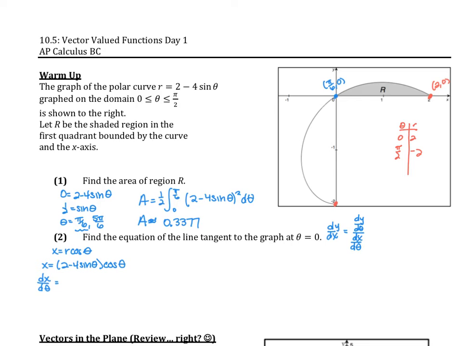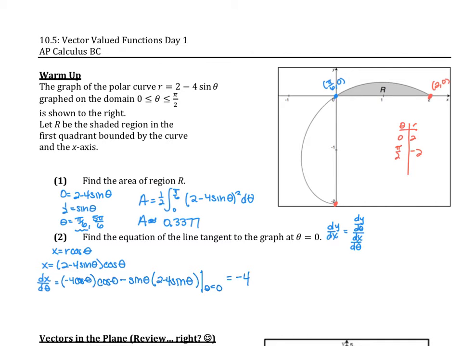I get the derivative of the first, which is negative 4 cosine theta, times the second, plus the derivative of the second. The derivative of cosine is negative sine, so I'll just do negative sine theta times the first. This is going to be the slope when theta equals 0, so I'm going to evaluate this when theta equals 0. Plugging that in, I'm going to get negative 4.